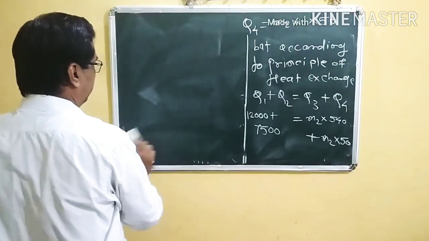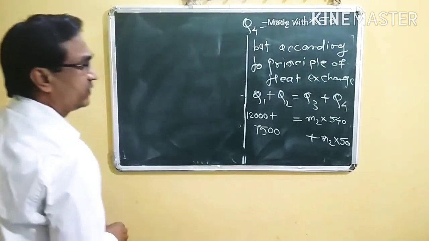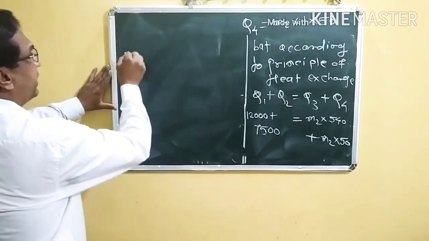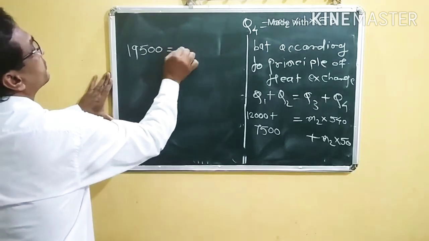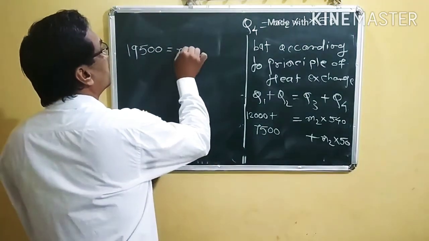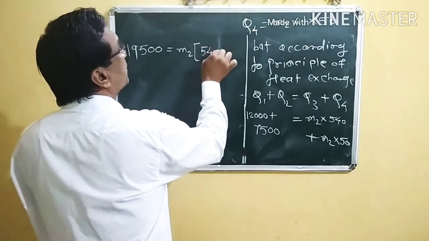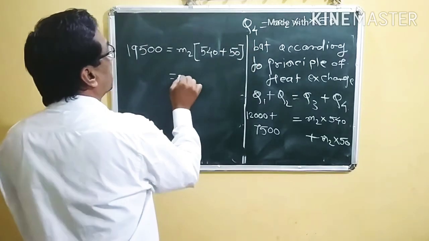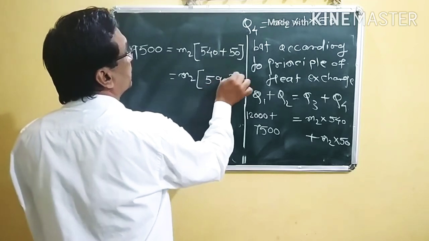After that, what happens? Its value becomes 19,500 is equal to M2; you have to take common 540 plus 50, that is M2 into 590.